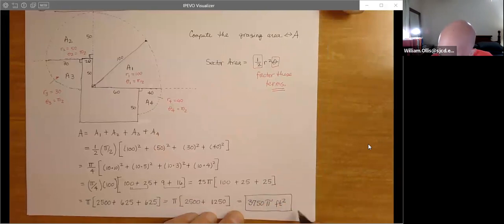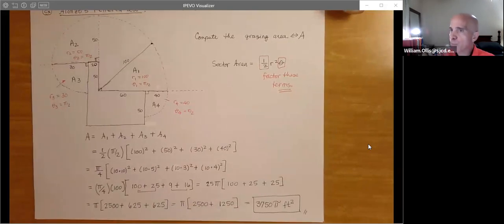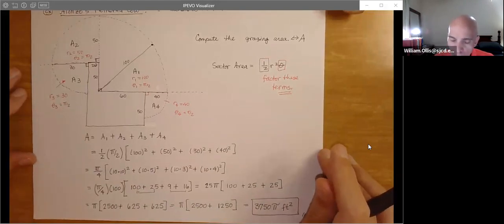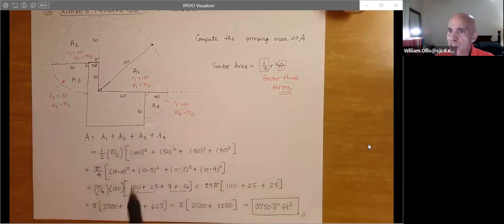So what we're seeing with these problems is that we have a very, very simple set of formulas that make the problems actually very straightforward. But what I want to show you is that as we work these problems, we're trying to set up a standard, because as we get into this chapter, we're going to have lots of computations, and we want to make sure that our computations are exact.